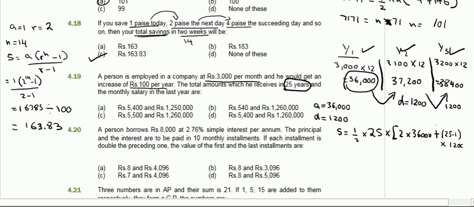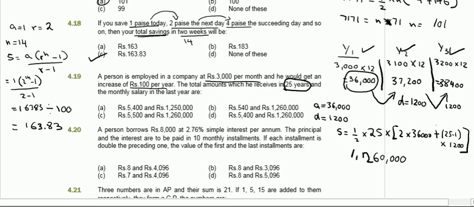D is the common difference, which is 1200. If you solve half into 25 into (2 into 36,000 plus 25 minus 1 into 1200), it will be 1,260,000.